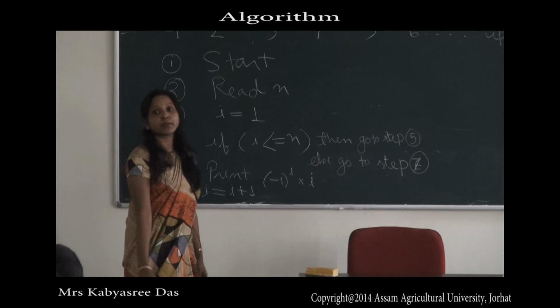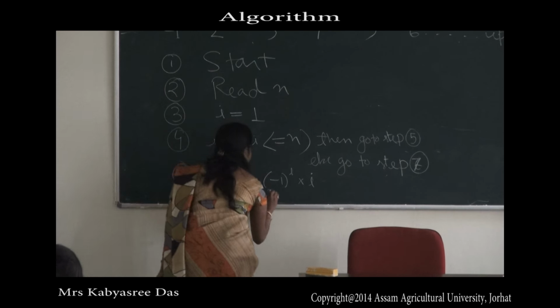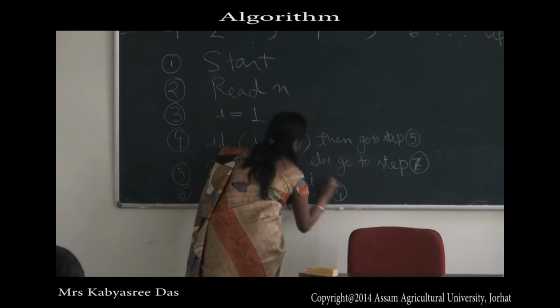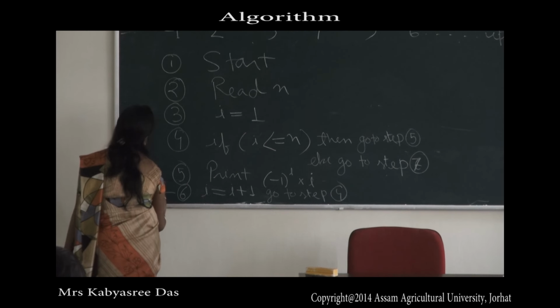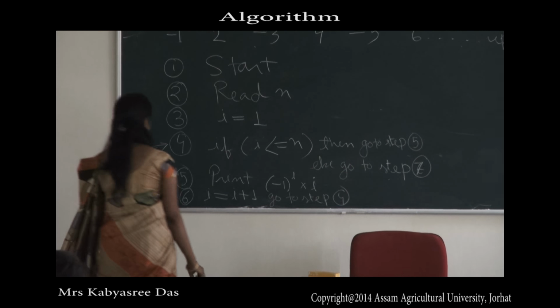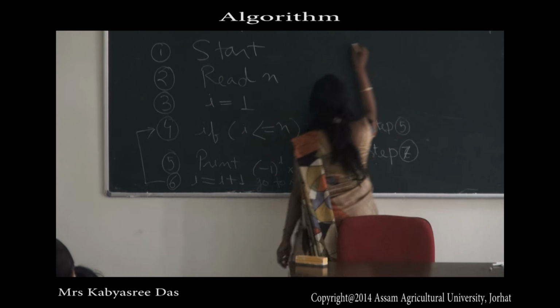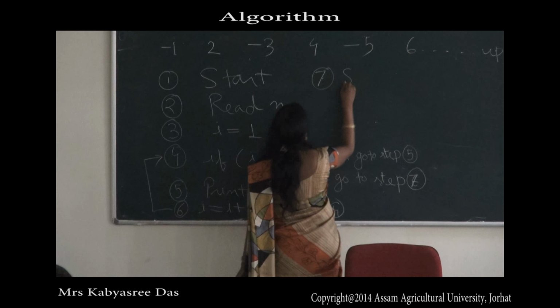I equal to I plus 1, then go to step 4. What is the number 7 step? Stop.